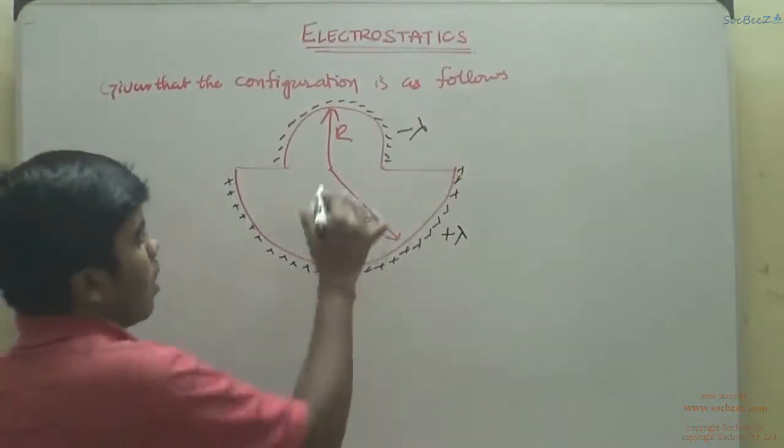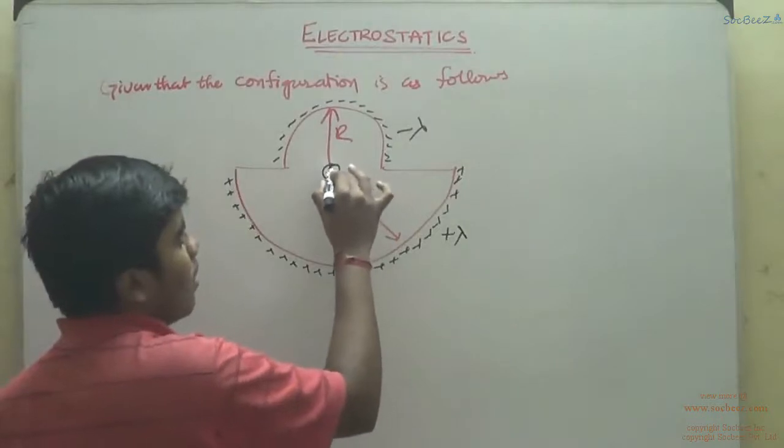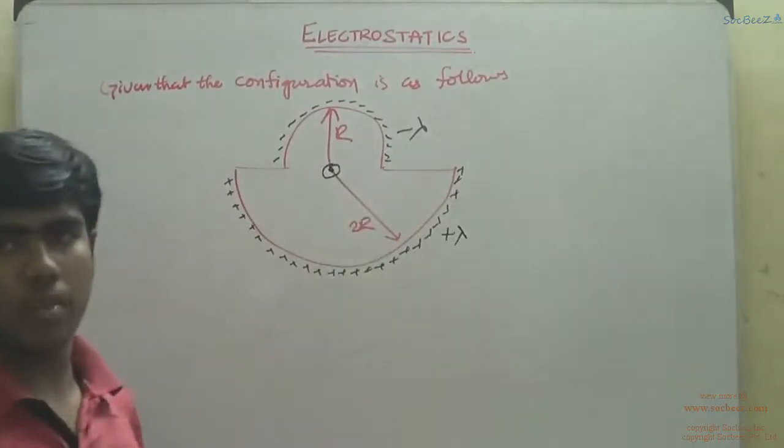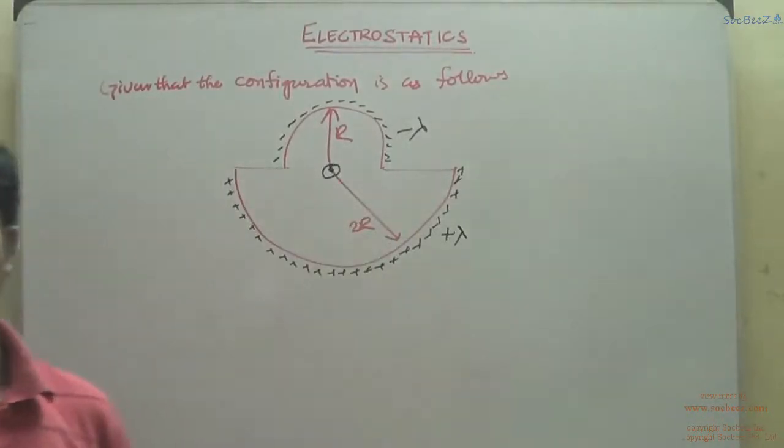We are asked to find the electric field at this point, the center of the semicircular charges. So how do we proceed? We have learnt how to find the electric field at the center of a semicircle. Now we will use the same concept and solve this question.